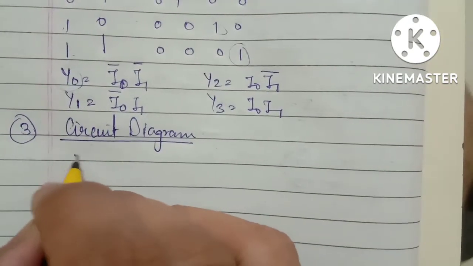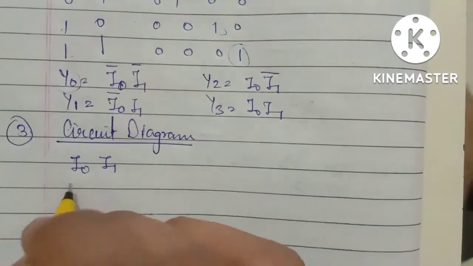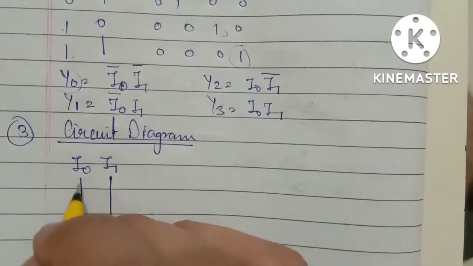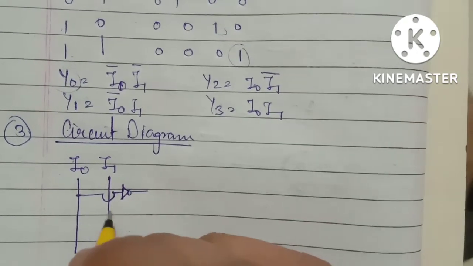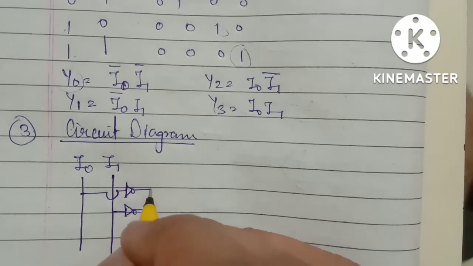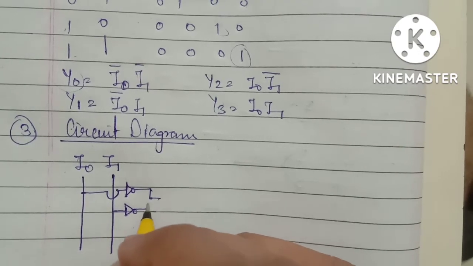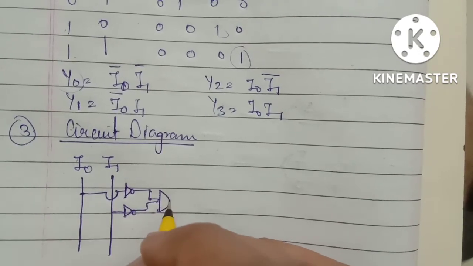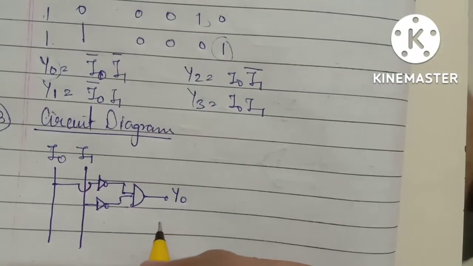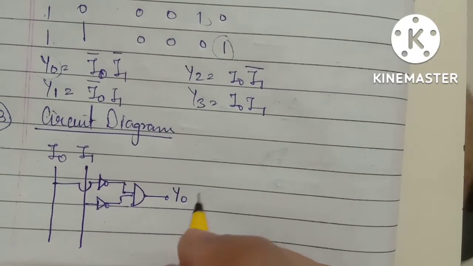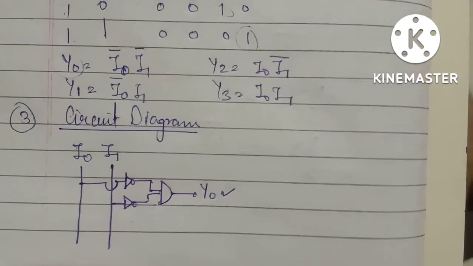Now what is the input? This and this. It requires one NOT gate on each input, and both go into an AND gate, so you get the output. The rest you can try at home.